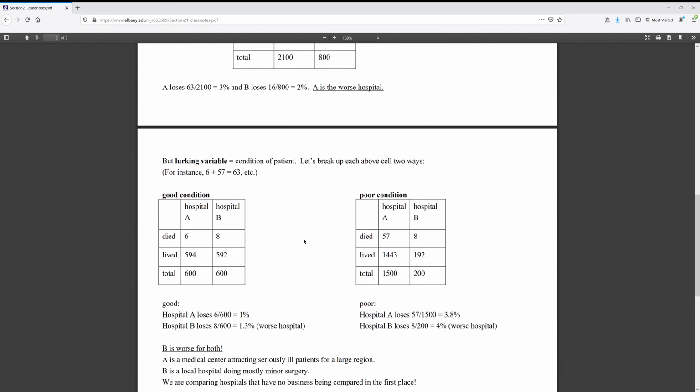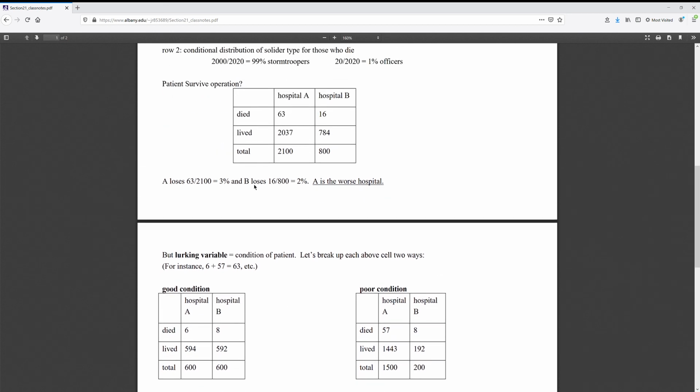But whether they are in good condition or poor condition, for each of those types of patients, individually, separately, Hospital B has a higher percentage of patients dying after surgery. Good condition, Hospital B has a higher percentage dying. Poor condition, Hospital B still has a higher percentage dying. But overall, Hospital A has a higher percentage of patients dying after surgery. What is going on?